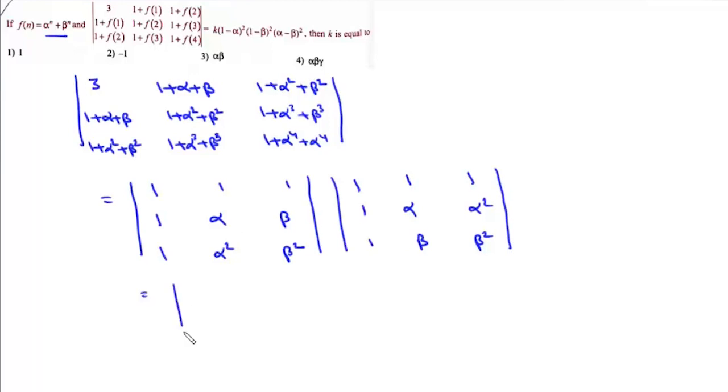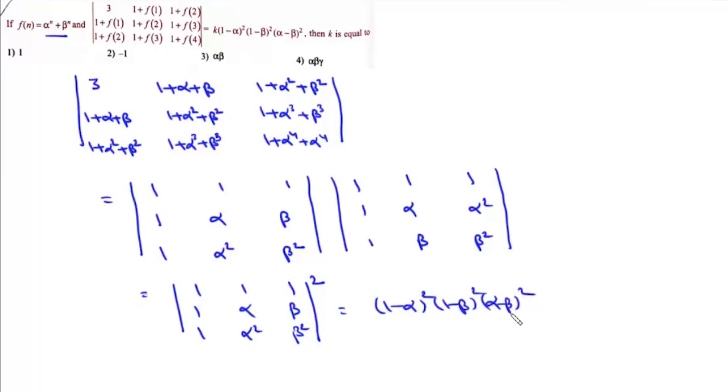So we can write this as the determinant of 1, 1, 1, 1, alpha, beta and 1, alpha square, beta square whole square. Now this is nothing but 1, 1, 1, a, b, c, a square, b square and c square. And we know that it is a minus b, b minus c and c minus a. So the value of this determinant will be 1 minus alpha, 1 minus beta and alpha minus beta whole square. Now this value is equal to k into this expression. So clearly the value of k in this case is 1 and that's your option 1.